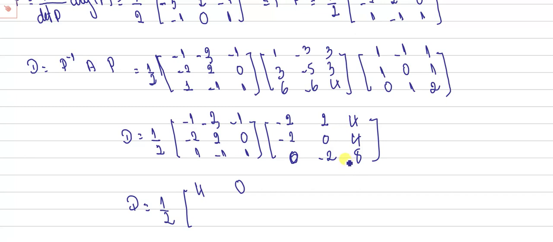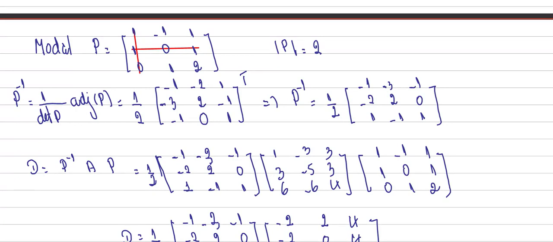So we get this one. I just think about that one. I check this one. So this one is 3, not minus 3, it's 3.